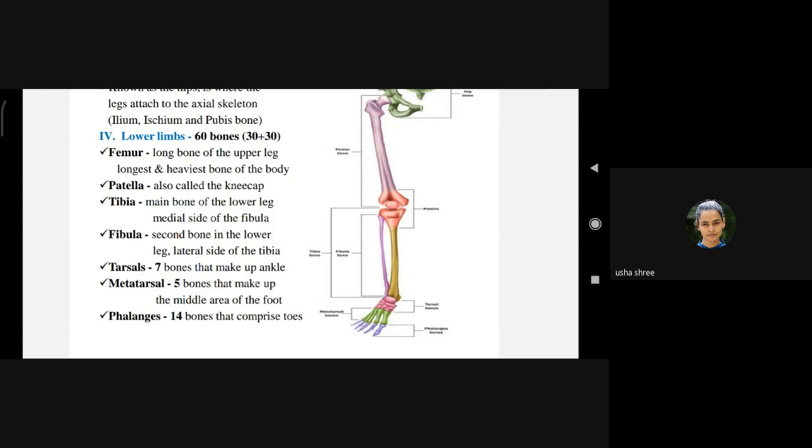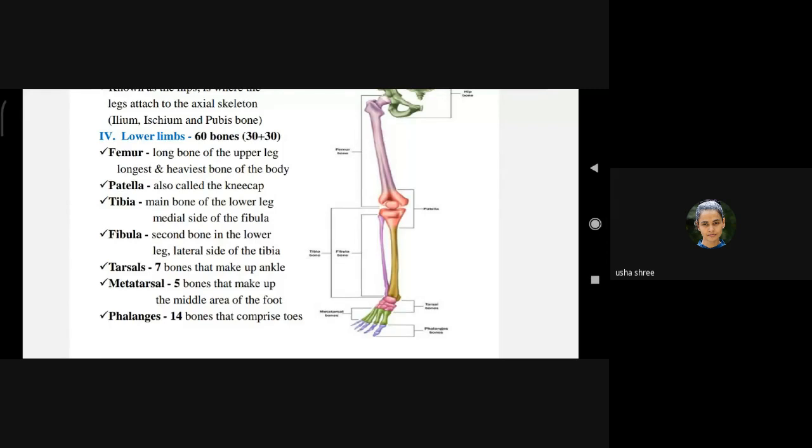Tibia. Tibia is the main bone of the lower leg, on the medial side of the fibula. Just like the hand, our lower hand consists of two bones, radius and ulna, and our lower leg also consists of two bones, tibia and fibula.